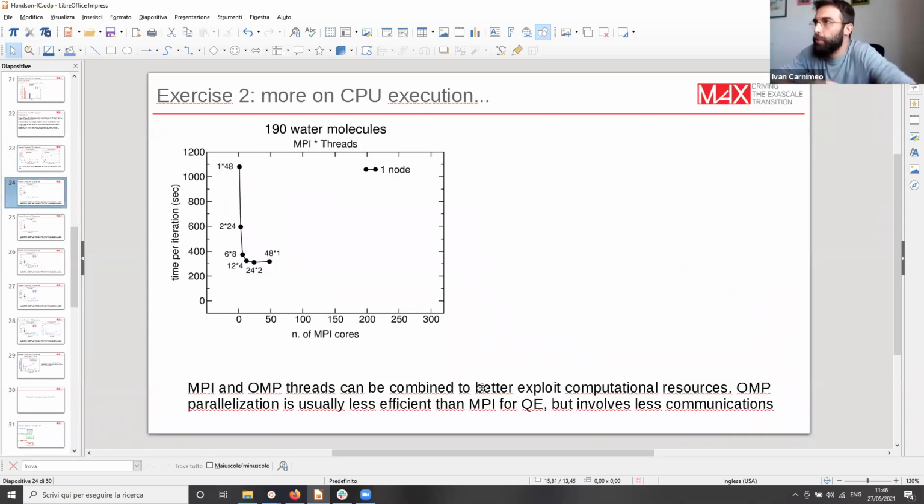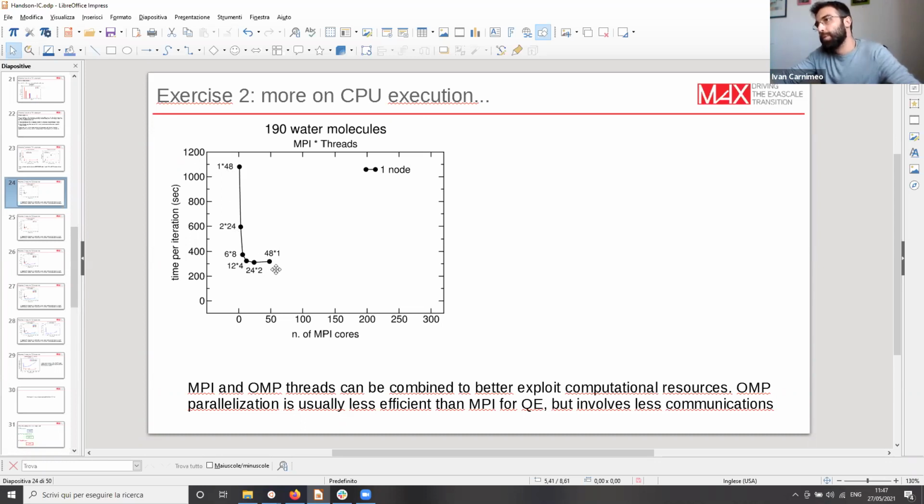If we go to larger systems, so larger calculations, we can see that OpenMP starts to be important. For example, here I have a larger system, 190 water molecules. So this was 32, and here we have 190. I ran on one node, so 48 cores, and I asked myself, how should I distribute the cores? On the leftmost part of the curve, I have one process, 48 threads.